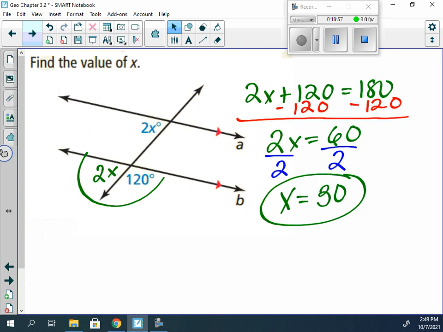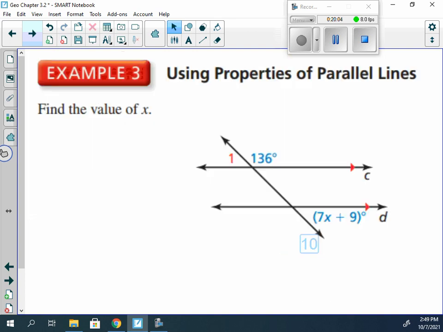All right, guys, let's look at this one here. Are 136 and 7x plus 9 congruent? Are they corresponding, alternate exterior, or alternate interior?